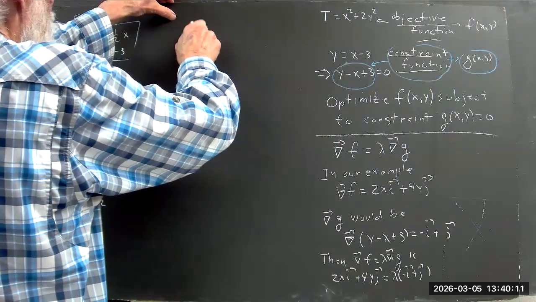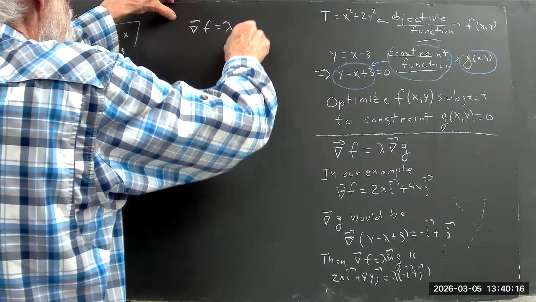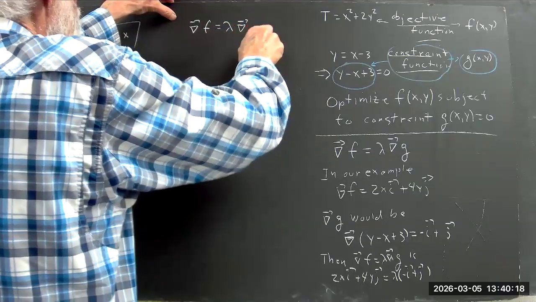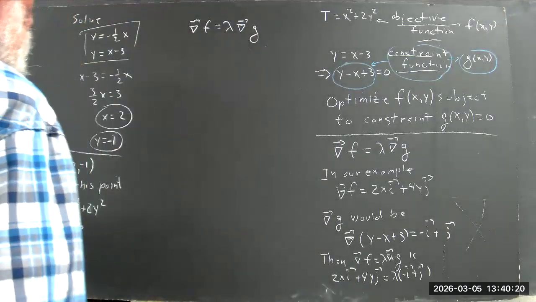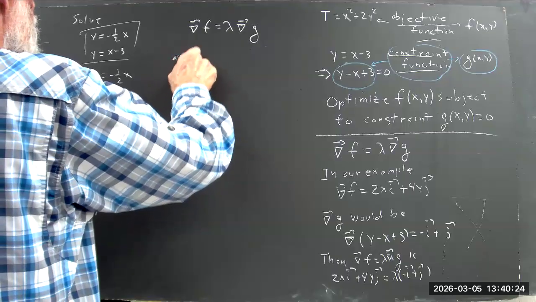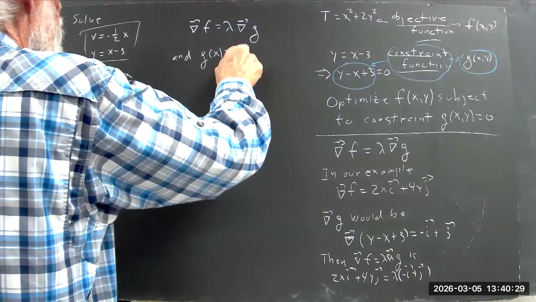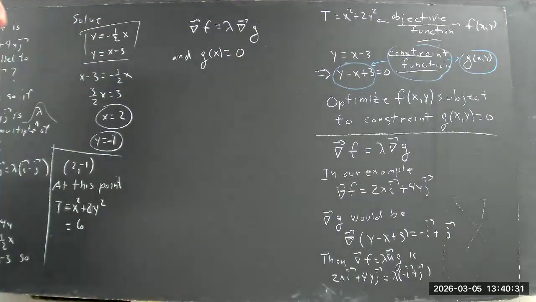So in summary, gradient of f equals lambda gradient of g. And g of x, y equals 0.